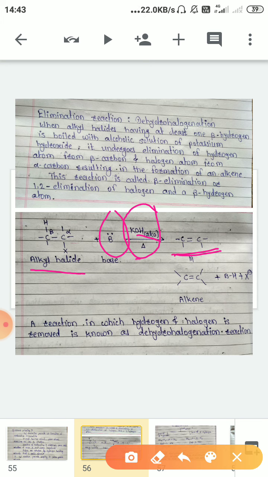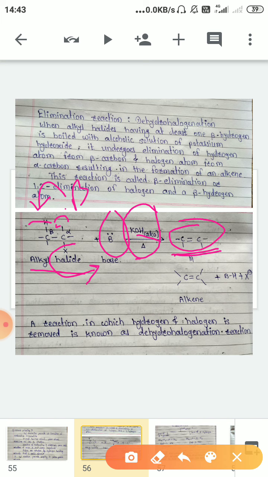If the base gives an electron pair to this hydrogen, then the carbon-hydrogen bond will shift to form the carbon-carbon double bond, and the halogen is removed with its bonding pair of electrons. The formation of the carbon-carbon double bond takes place.